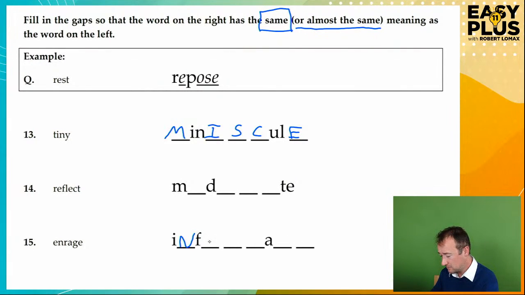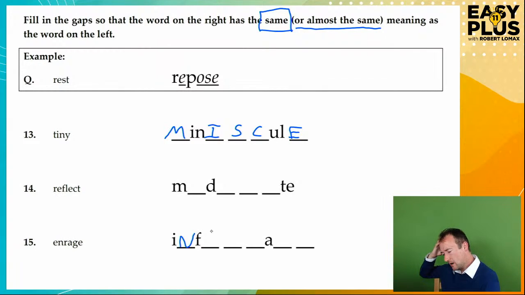I was thinking inflame. Inflame does mean to enrage as well, but it doesn't fit. Okay, nice try. Then we're thinking, okay, what else? E, infect, nothing to do with rage really there. I, infiltrate, nothing to do with it.